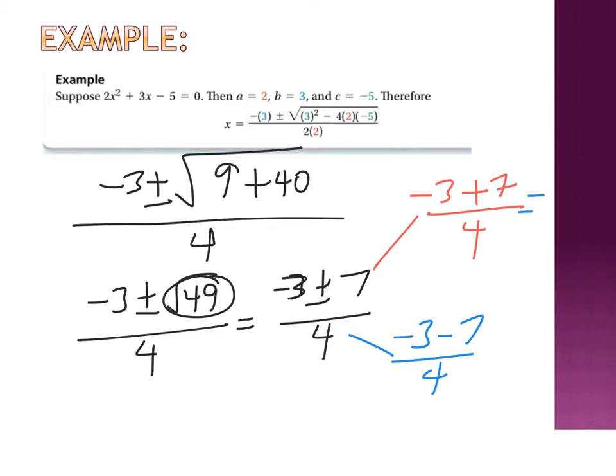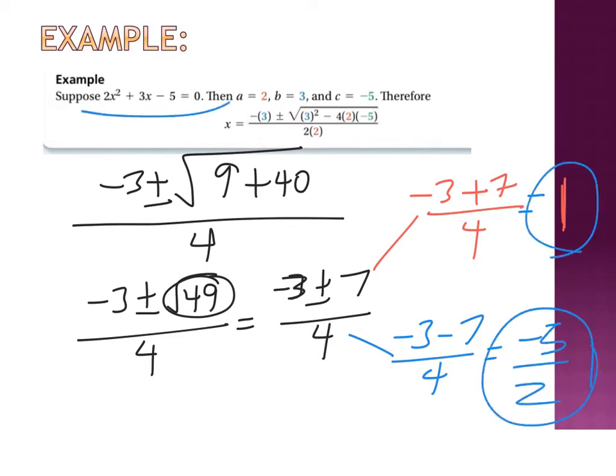Well, this top one, negative 3 plus 7 divided by 4, that's going to give us a positive 1. And down here, that's going to give us a negative 5/2. So my two answers from this one are 1 and negative 5/2. Those are my two zeros, or my two roots if you prefer, without having to try to factor it, which, good luck trying to factor this, right?